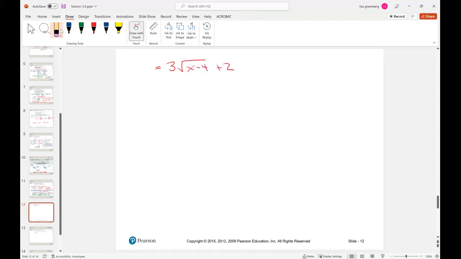This was g composed with f, but now let's say what's g composed with f of 6?